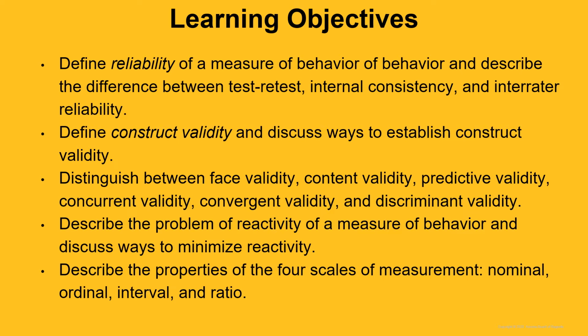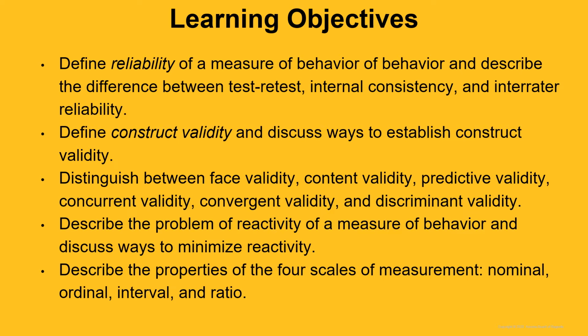What I hope to do today is to talk about the different types of reliability, such as test-retest, internal consistency, and inter-rater reliability, and then talk about what construct validity means and break it down into categories of face validity, content validity, predictive, concurrent, convergent, and discriminant validity.